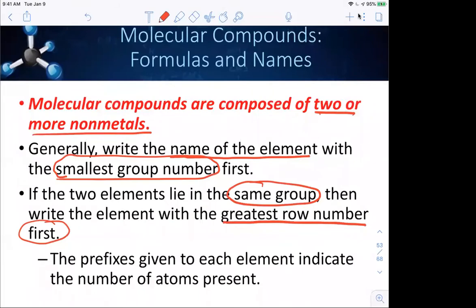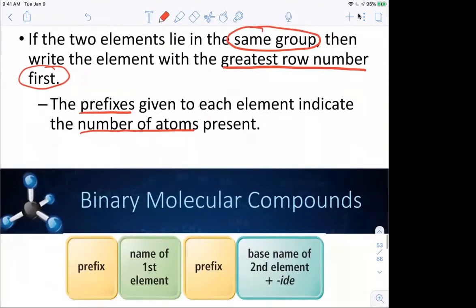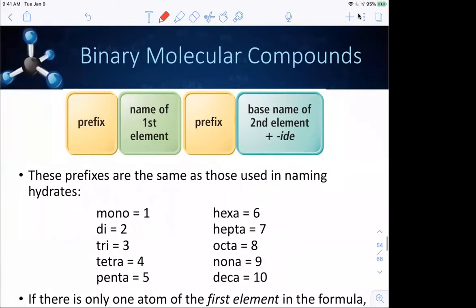I'm going to use prefixes for both the elements in my molecule, because that's going to indicate the number of atoms of that type of element that's present. So here's my scheme. I would have a prefix, which is the number of atom 1, right?